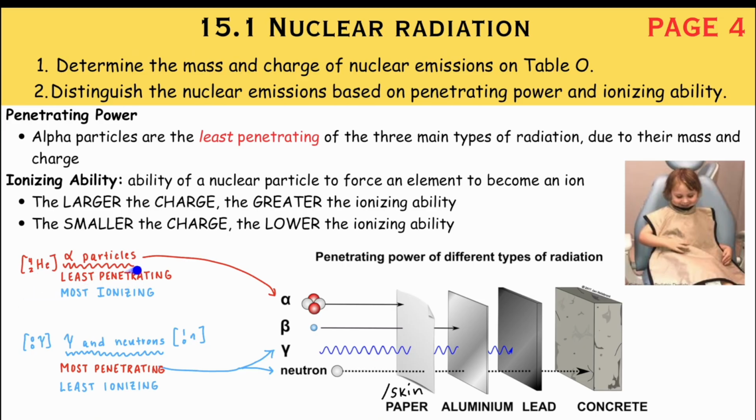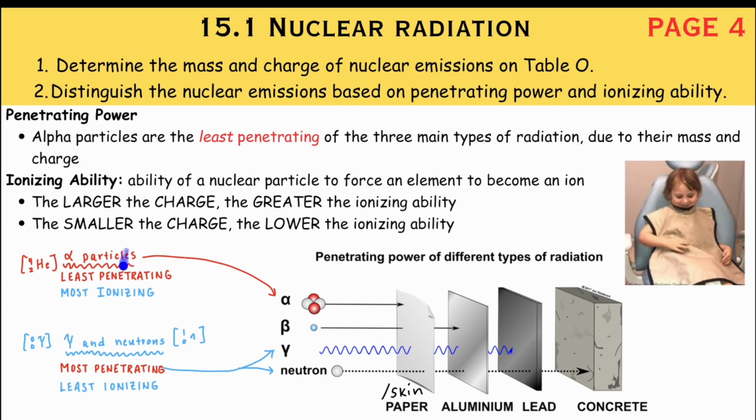So that means that alpha particles will have the most ionizing ability. And then the particles that will have the lowest amount of ionizing ability would be those with a smaller charge, or no charge at all. So like your gamma rays, no charge, and even your neutrons have no charge. Okay, so those are going to have the least ionizing ability.